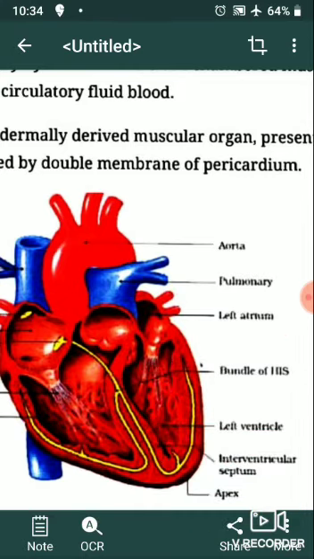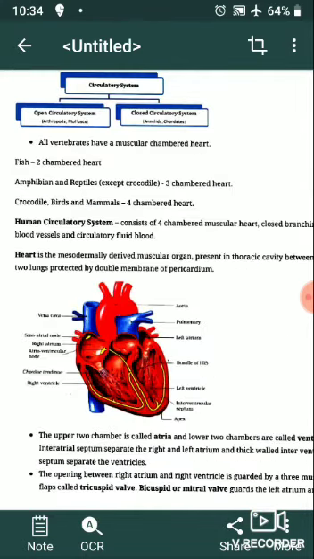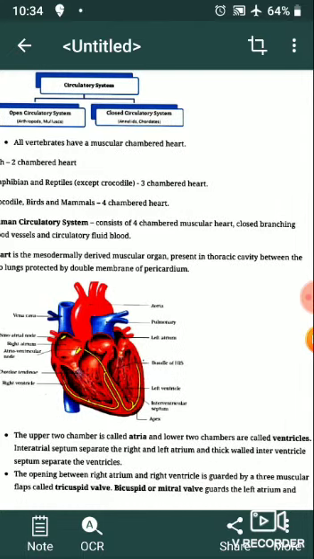Okay, next, the upper two chambers are called atria and the lower two chambers are called ventricles. The interatrial septum separates the right and left atrium. The thick-walled interventricular septum separates the ventricles.